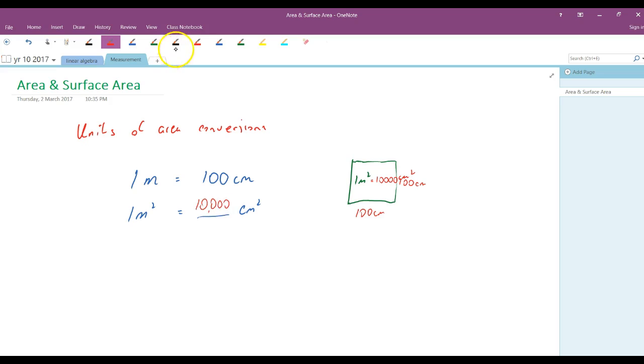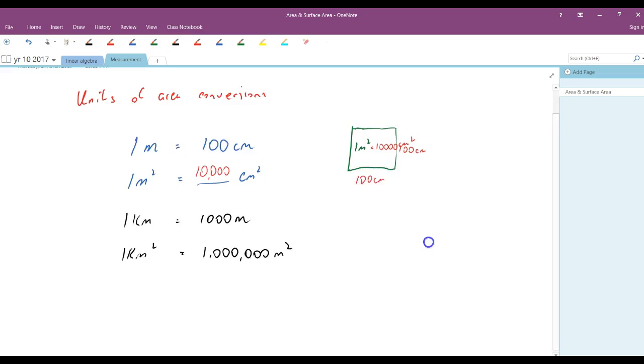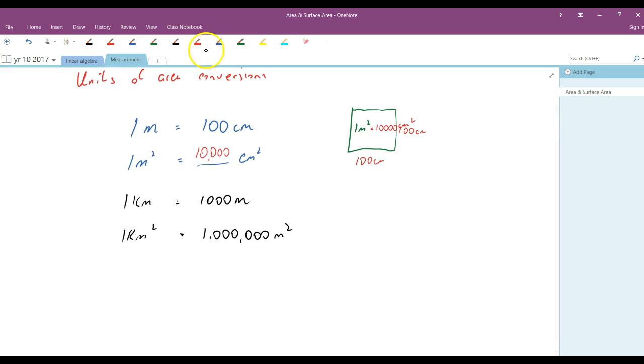And similarly, we could go 1 kilometer is 1,000 meters, but 1 kilometer squared is going to be 1,000 meters by 1,000 meters, or 1,000 squared, which is 1,000,000 meters squared. So a kilometer squared is 1,000,000 meters squared.